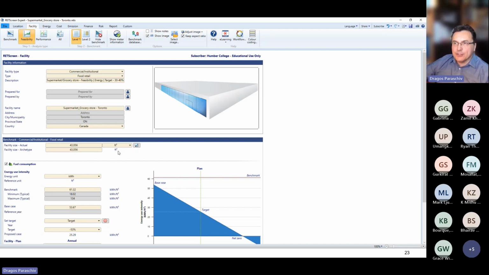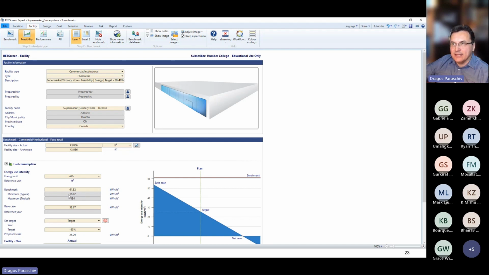So same size, around 40,000 square feet, typical grocery store, benchmark of 61.32, and the base case was in this case around 53.67, so slightly less than the average of the stores in North America, but with still a good opportunity for improving, because the most efficient grocery stores in North America have a consumption of 18.02 kilowatt hours per square foot.